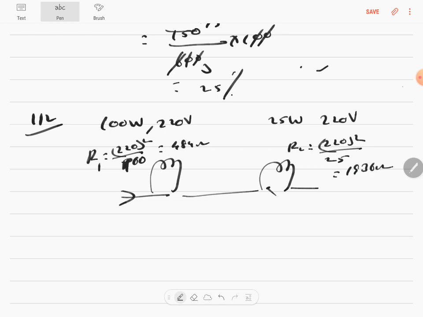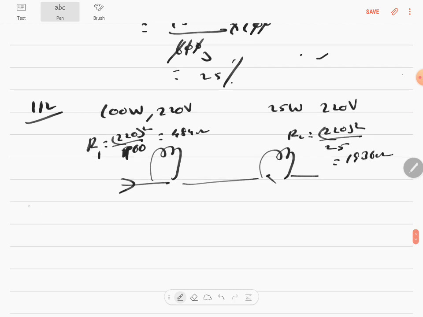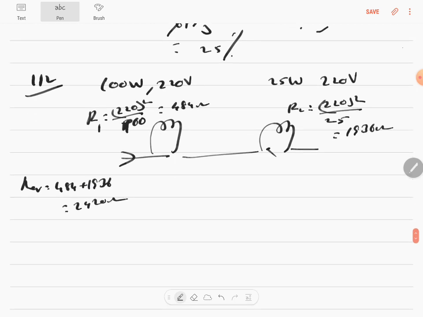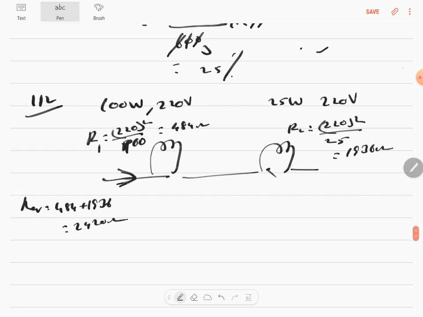They both are in series, so then it has to be added, and R equivalent is addition of 484 plus 1936, which will give you 2420 ohms. Now you know the current is going to be the same, and let me read the question. Calculate the current through them and the potential difference across and actual power consumed.